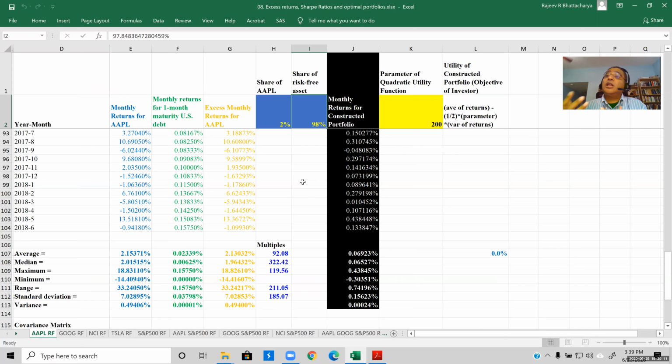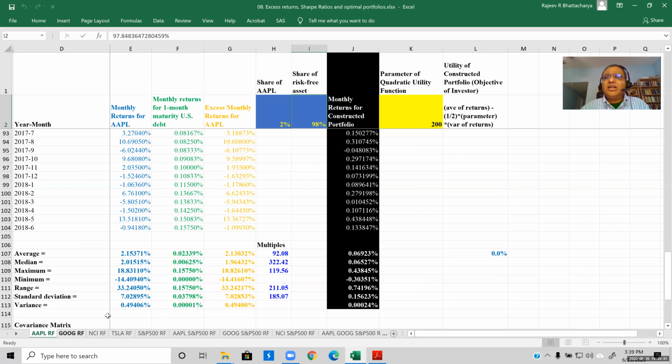I will put a larger portion of my assets in cash than in risky securities. So this enables you to actually understand with actual data how this optimal investment works.